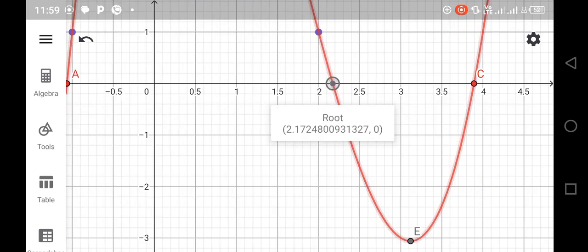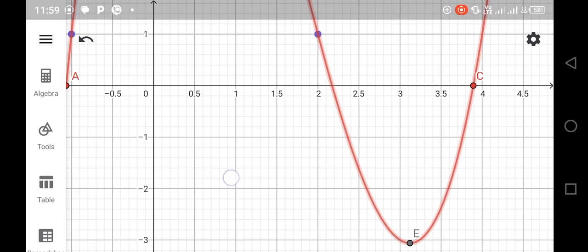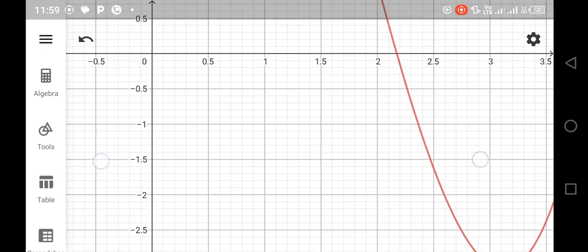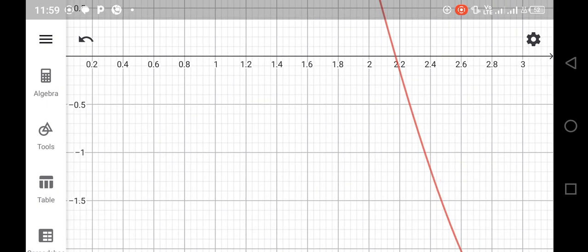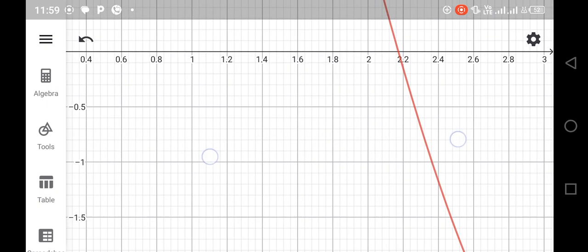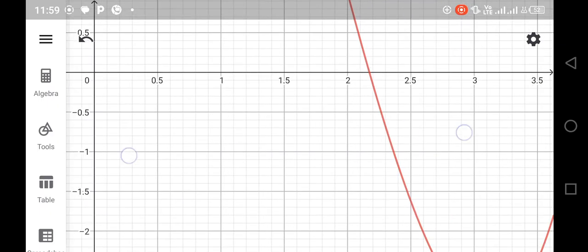So the root is 2.17. The root is read in terms of the x value. As we have seen, it is 2.17, which is equal to 2.2 to one decimal place.